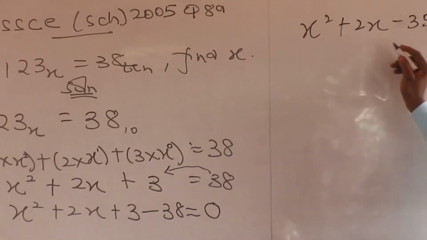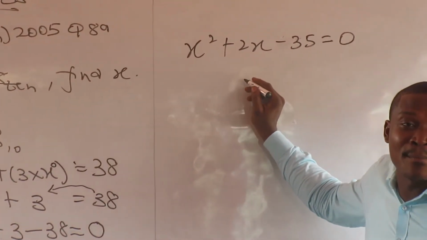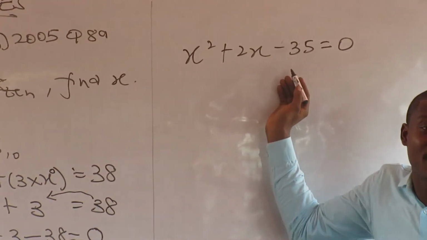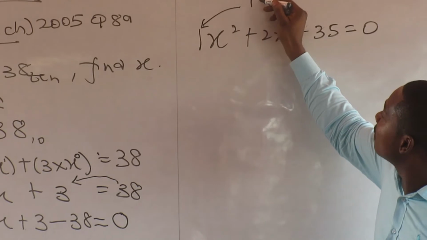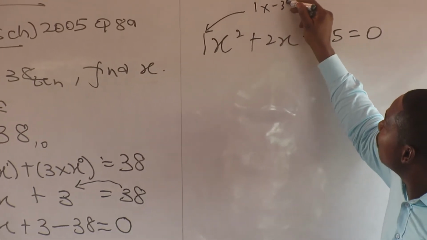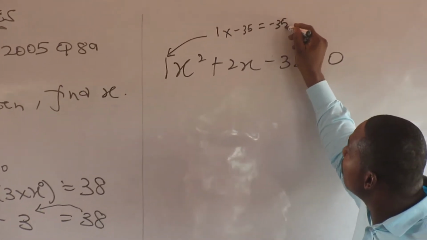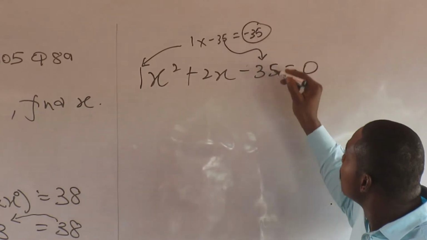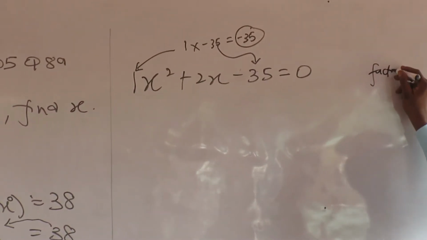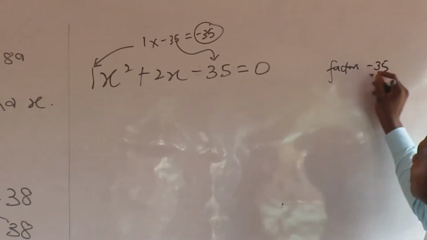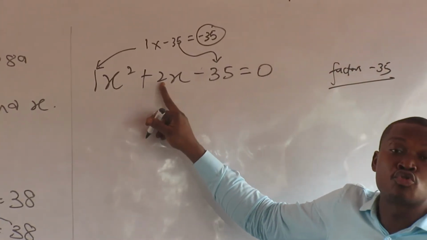Good. So as usual, what two numbers will I multiply and get minus 35? Here is 1 times minus 35, I get minus 35 here. Good. So I'll test my factors. Two numbers I multiply and get minus 35, but when I add, I get 2.